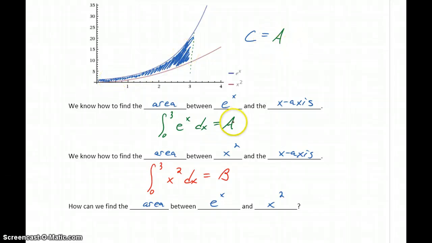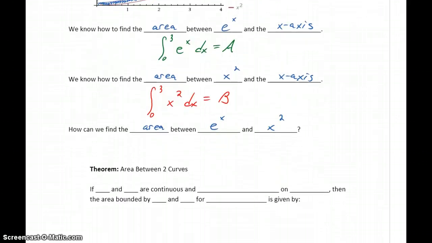So if we start with this area A that we came up with, and subtract out the area B, what we're left with is this area C, that area bounded between those two curves. So to find the area between e to the x and x squared, we could evaluate the integral from 0 to 3 of e to the x dx minus the integral from 0 to 3 of x squared dx.